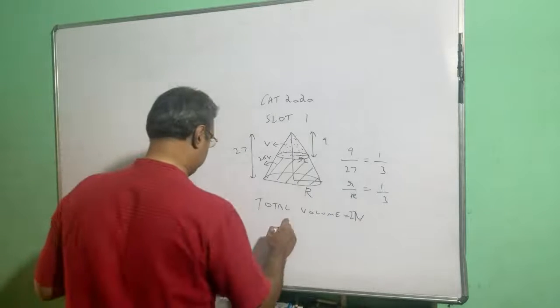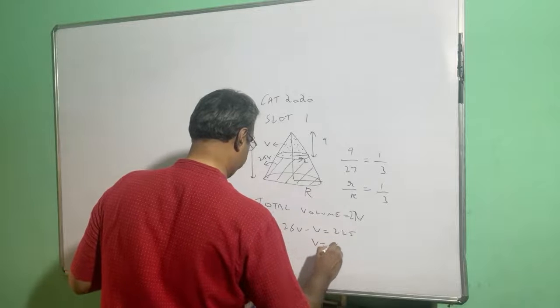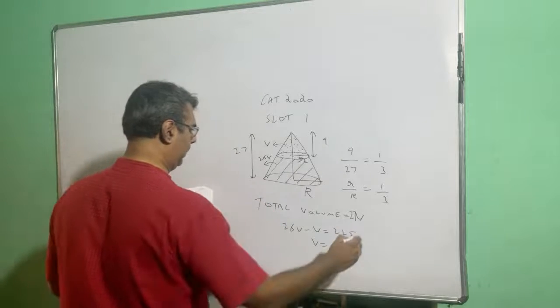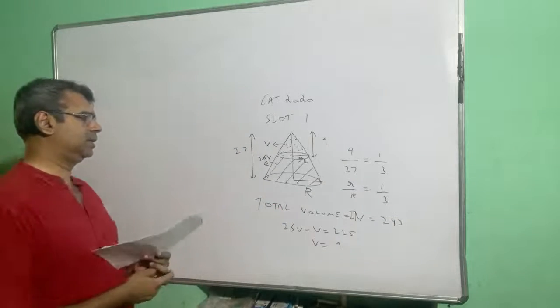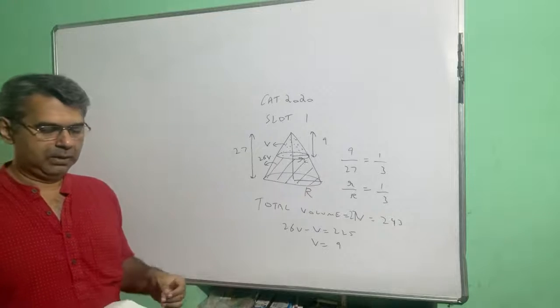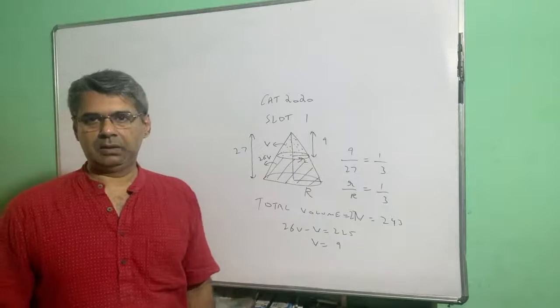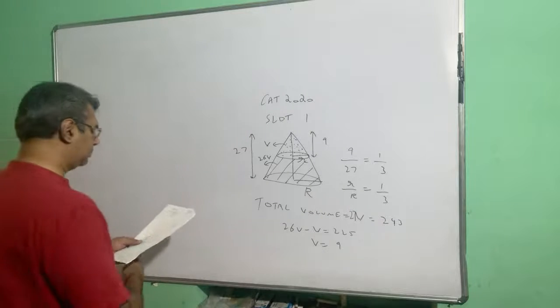It is given that 26V minus V is 225, so V is 9, and 27V is 243. This is the way to do the CAT 2020 slot 1 question. The question asked for the volume of the total cone, and the answer is 243.